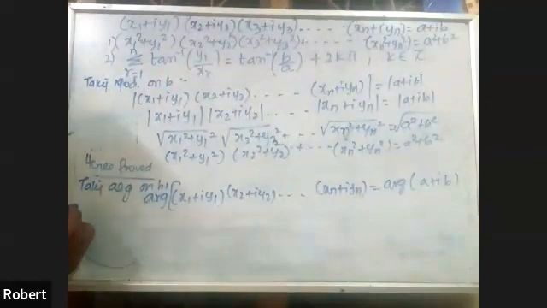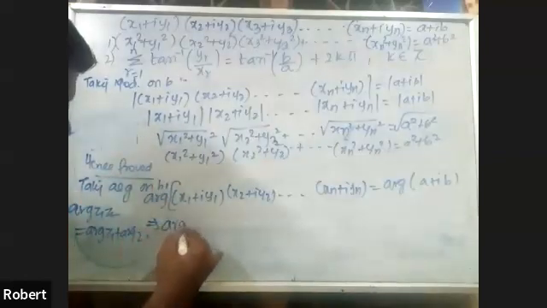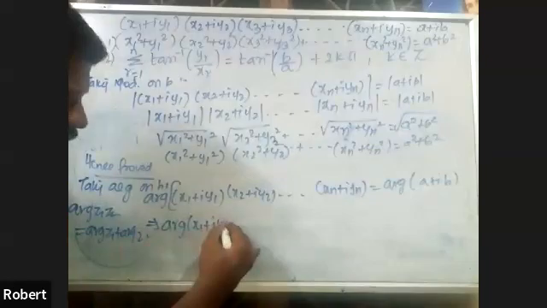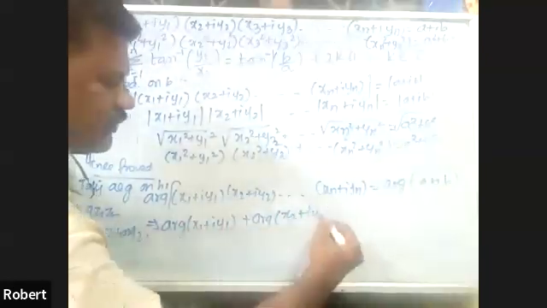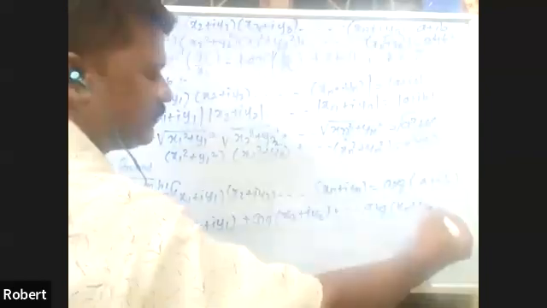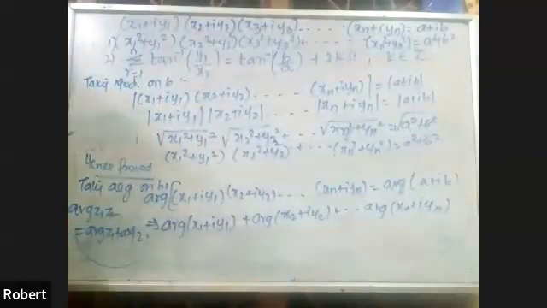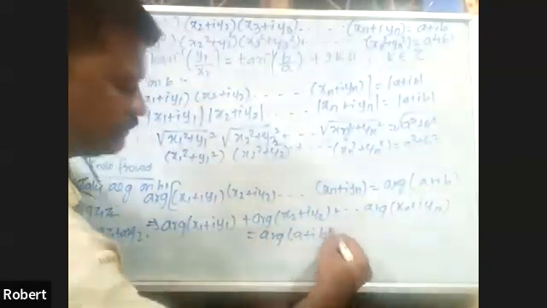If it is the argument of z1 z2, we can write it as the argument of z1 plus the argument of z2. That property we are going to use here. We can write the argument of x1 plus iy1 plus the argument of x2 plus iy2 plus so on, up to the argument of xn plus iyn, which equals the argument of a plus ib.